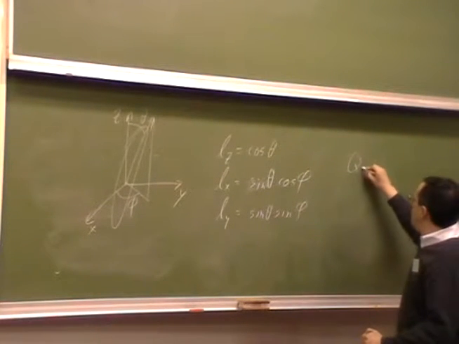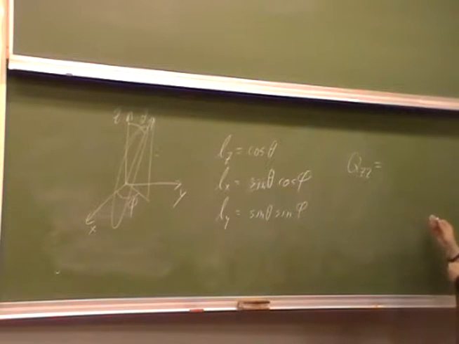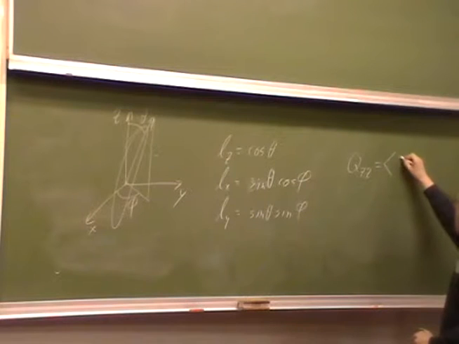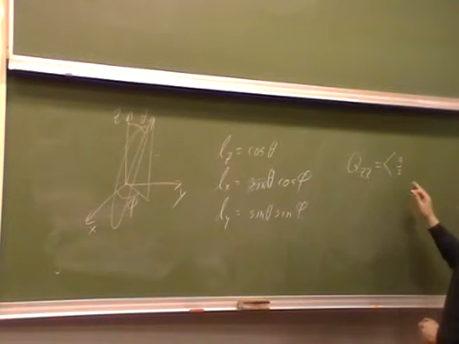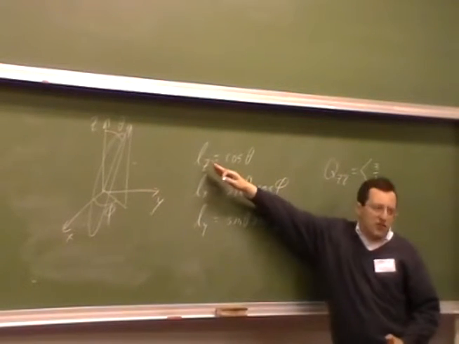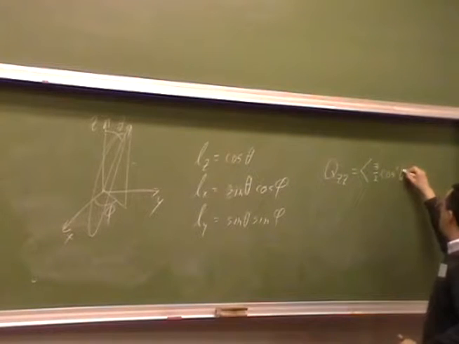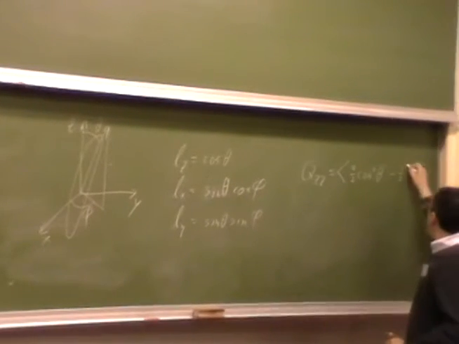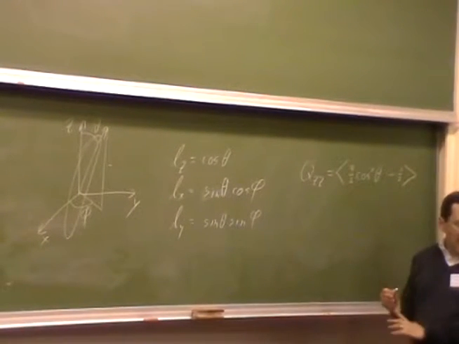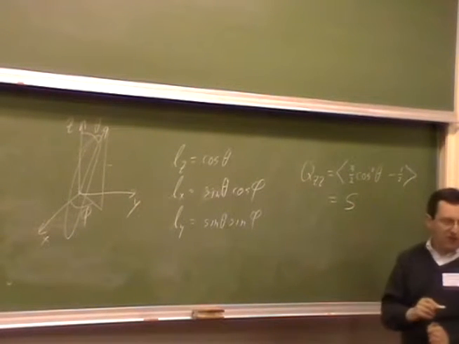And now QZZ is going to be the average of 3/2 times LZ squared, so cosine squared theta, minus a half. Okay? So this we're calling S.